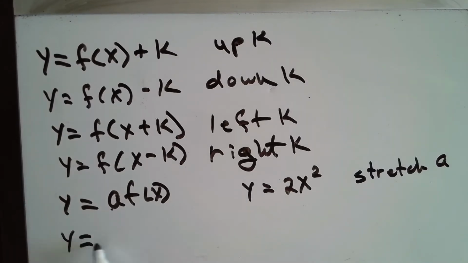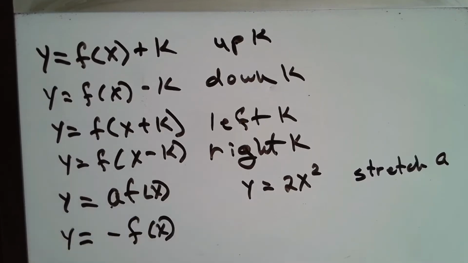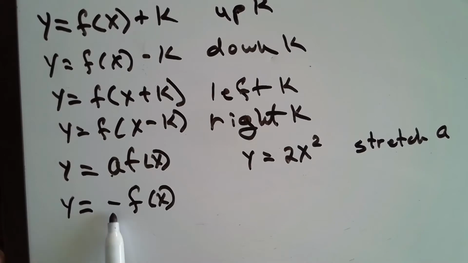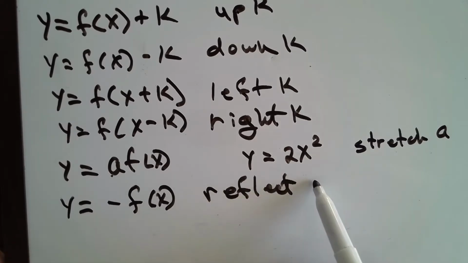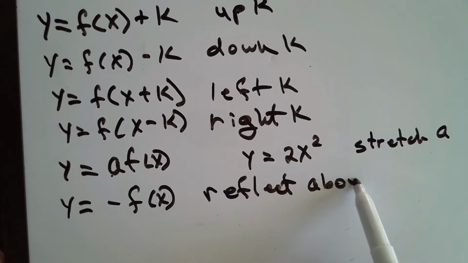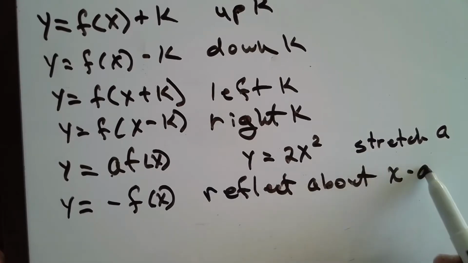And then if we have a negative outside, what's that going to do? Yeah, flip it, also known as reflect about the x-axis. So what was open up is now open down, and so on.